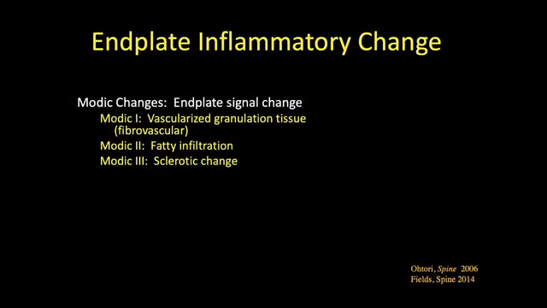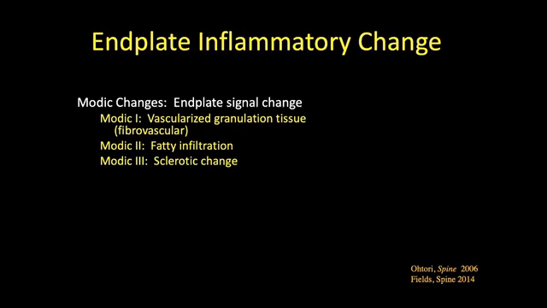So these end plate changes are often inflammatory in nature, at least to start. That's been shown with biopsies. So with Modic 1, you get vascularized granulation tissue, this fibrovascular pathology there. And Modic type 2, you can get fatty infiltration.